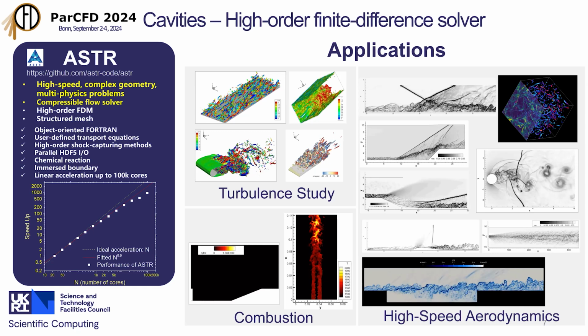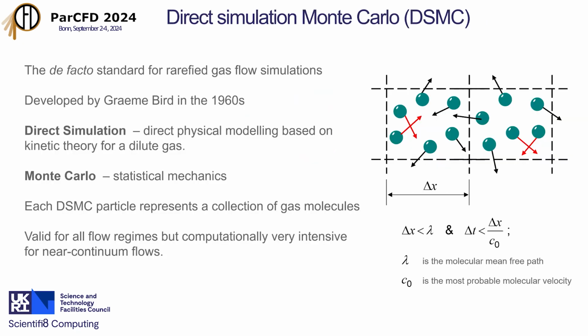One of the things with hypersonics is that it can fly at really high altitudes. And I put this in because this is quite different to continuum methods. Above a certain altitude, around about 70 kilometers, the mean free path of the air will be too big, and you will start getting rarefaction effects.